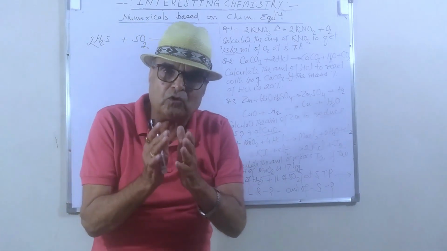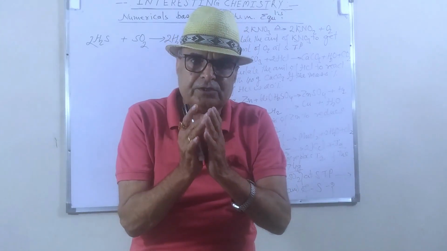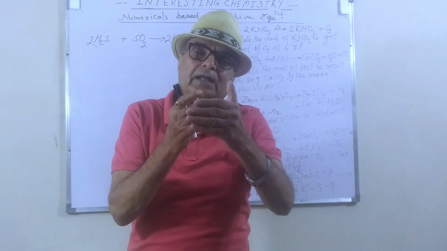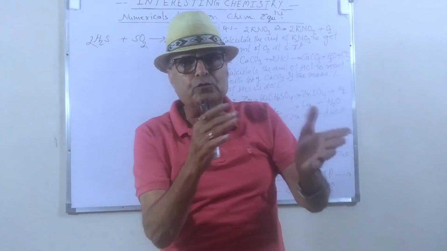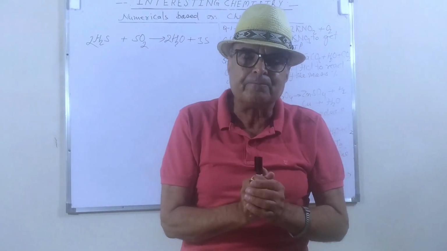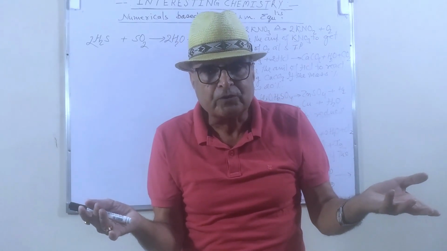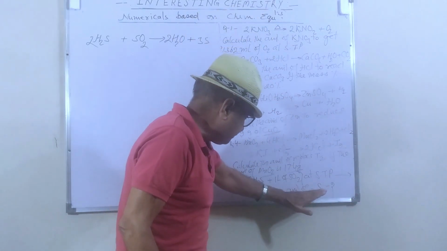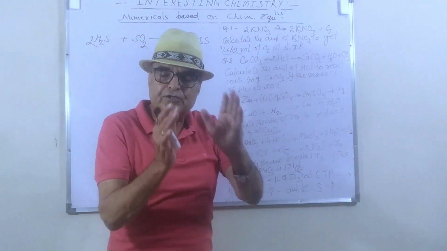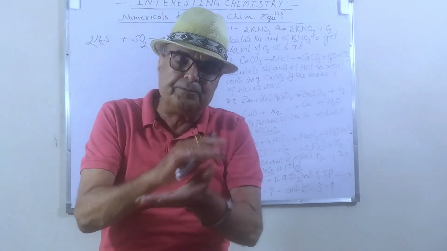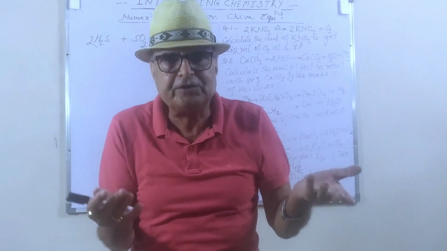The amount of S formed in this equation is dependent on the limiting reagent, because the limiting reagent is consumed first, and after that the reaction won't take place. So the production of sulfur is totally dependent on the limiting reagent. So first of all, decide the limiting reagent.